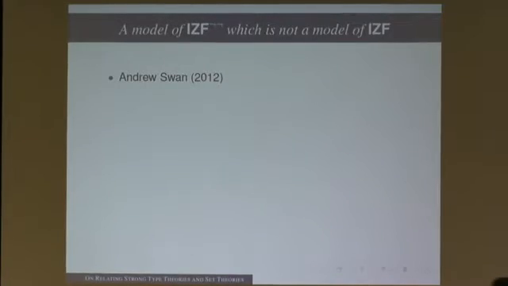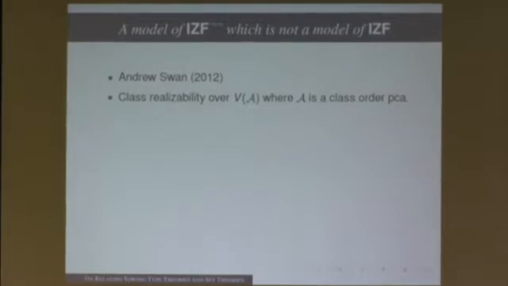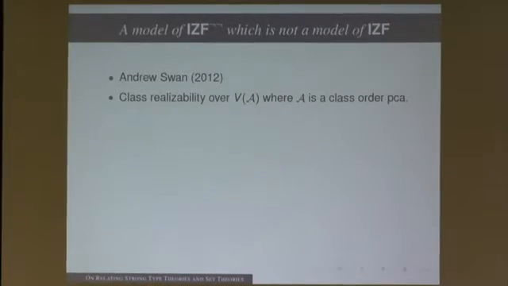So Andrew Swan wrote a nice thesis in 2012 about realizability models and automorphisms. He looked at realizability models over PCAs. And the interesting thing is, the PCAs are usually sets.